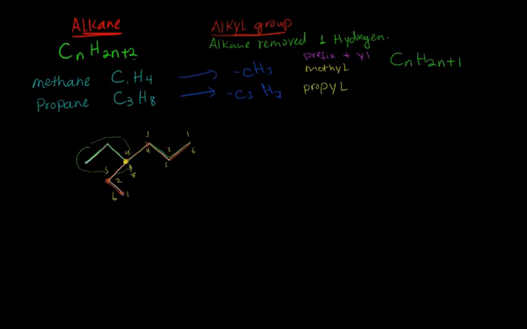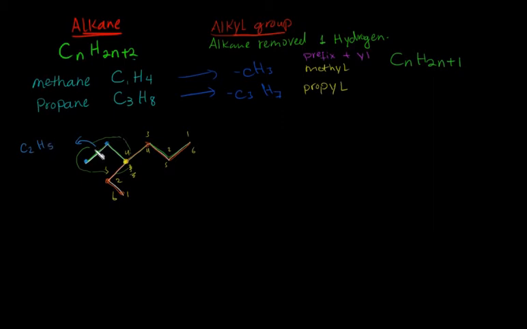Alright, so how do we name this alkane? First we need to know what this branch is. What kind of alkyl group? This contains 2 carbons, so it will be C2H, 2 times 2, 4 plus 1, C2H5.